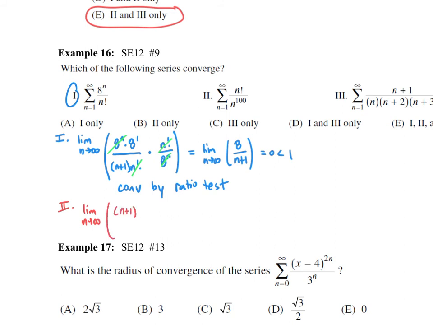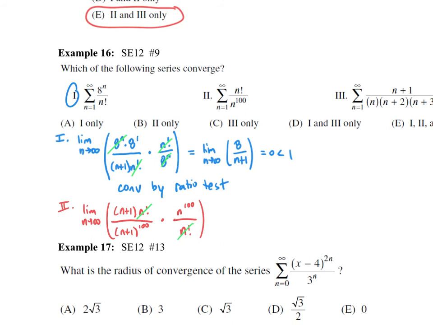We have n plus 1 times n factorial divided by n plus 1 to the 100th power times n to the 100th power divided by n factorial. Okay, with this one, we're going to cancel a few items here. So the n factorial cancels.